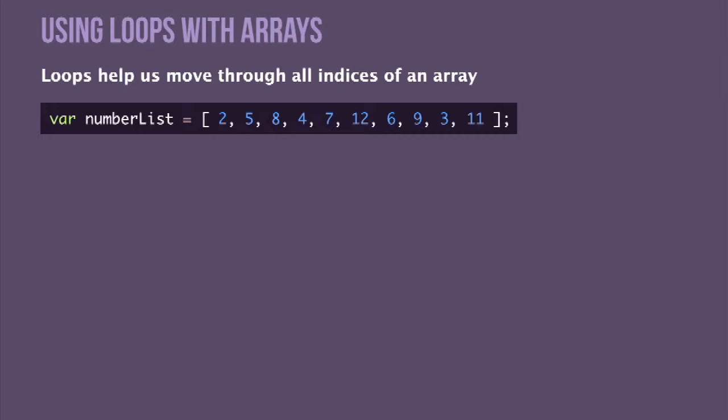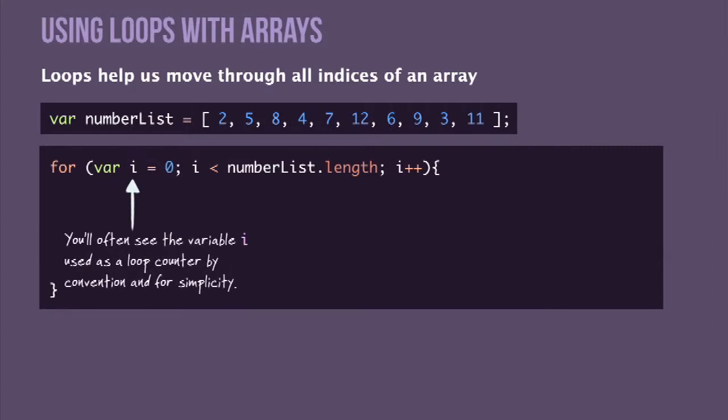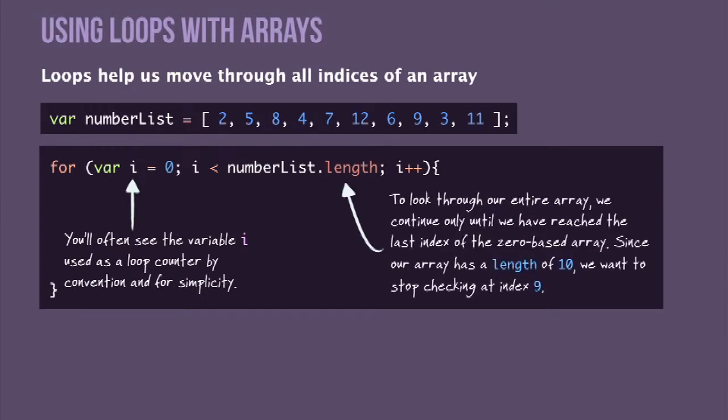If we wanted to iterate through every one of those numbers in the array, we could establish a for loop that starts at the very first index, notice that that is 0, and proceeds all the way through the very last index, notice that that is 9, even though the length of the array is 10.